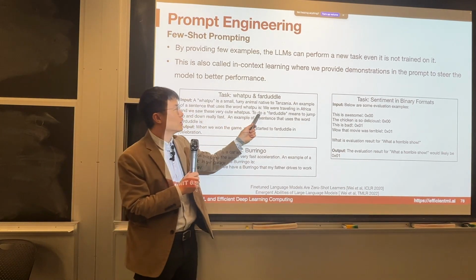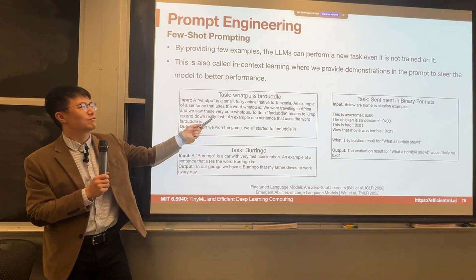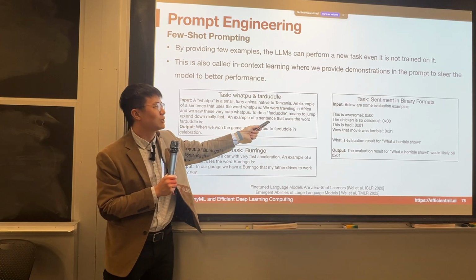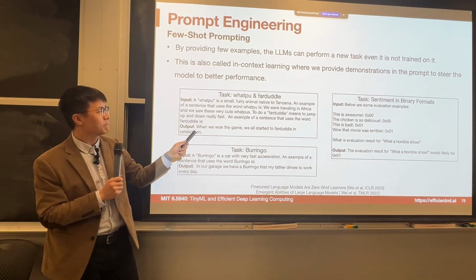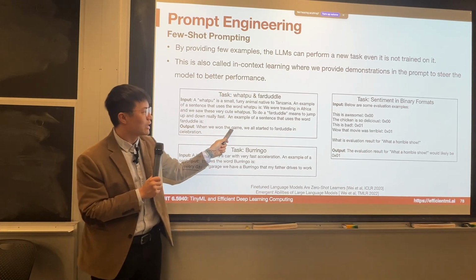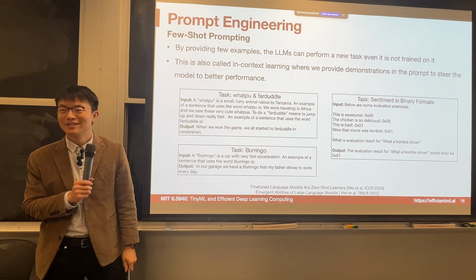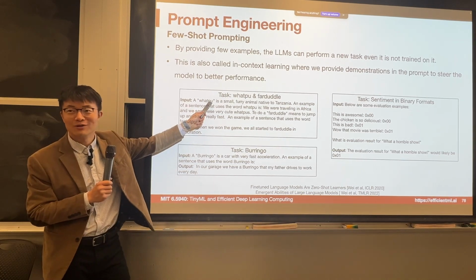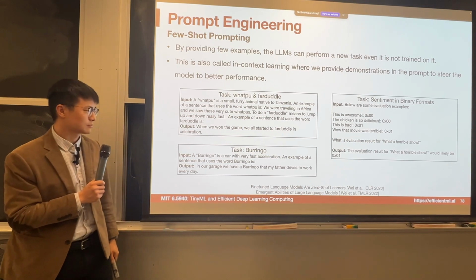And then to Fardoodle means to jump up and down really fast. An example of a sentence that uses the word Fardoodle is, and then the output would be, when we won the game, we all started to Fardoodle in celebration. So give a context, give an example, and then you can continue doing similar tasks.